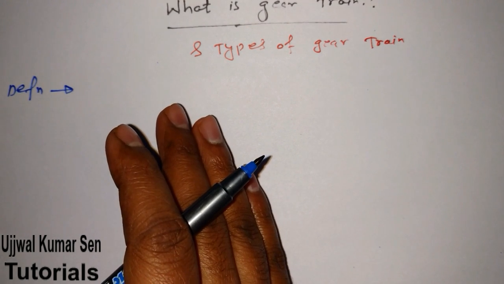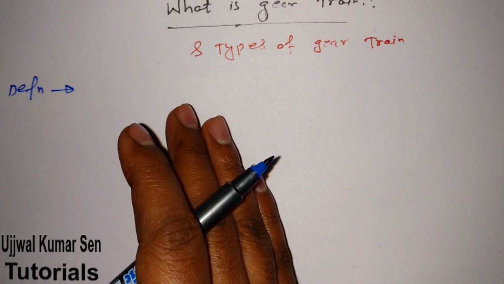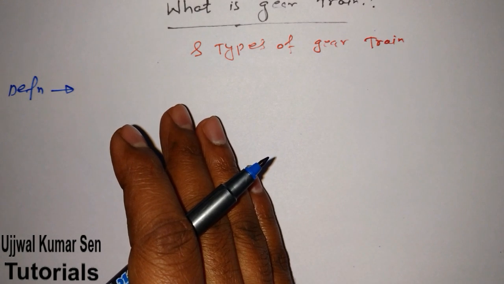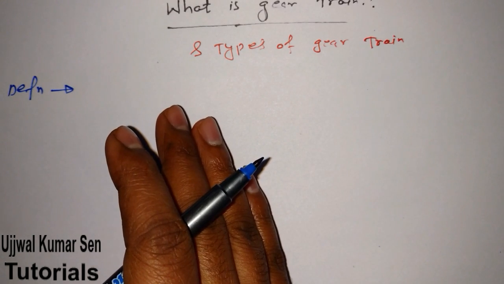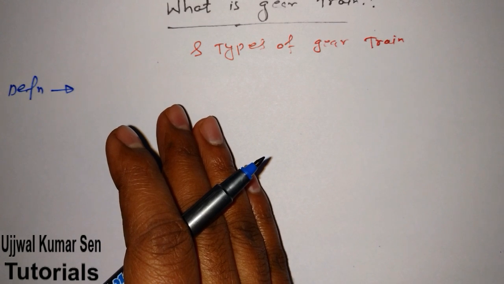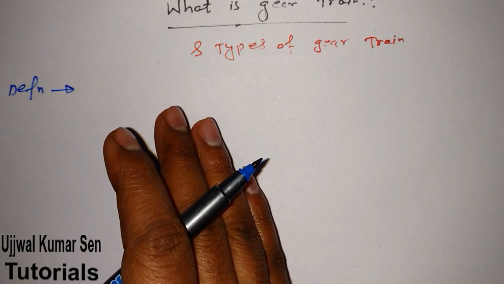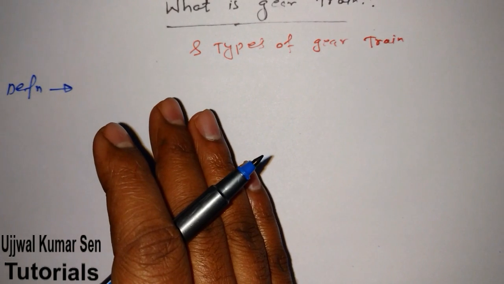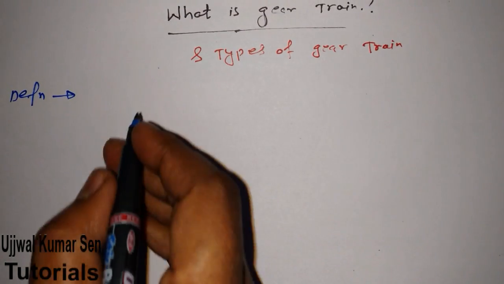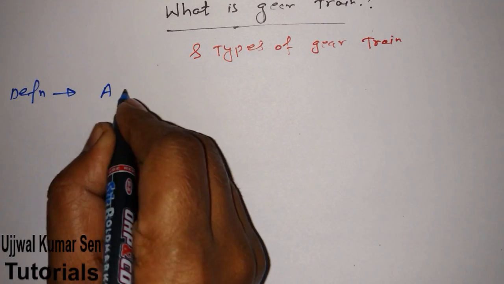In this way you will get your notes, and you will come to know what it is. I will make you understand each and every element about what a gear train is and what the types of gear train are, with diagrams. That is important. Now, what is the definition?